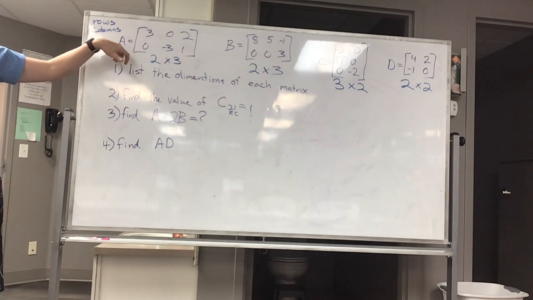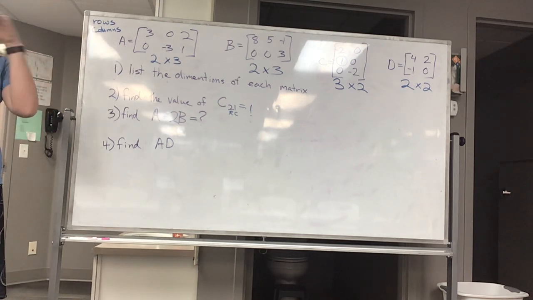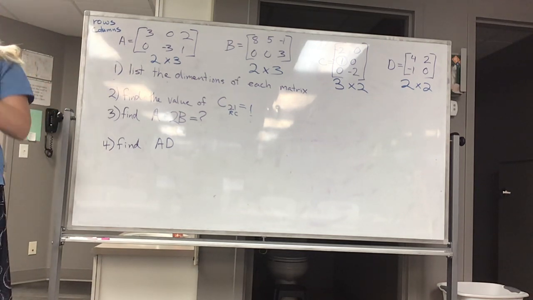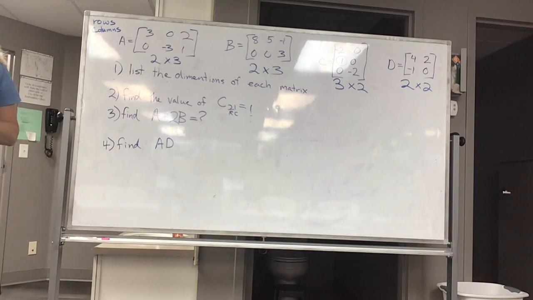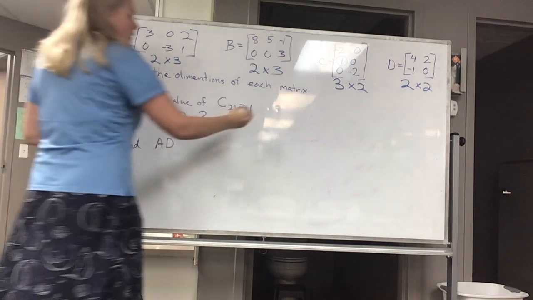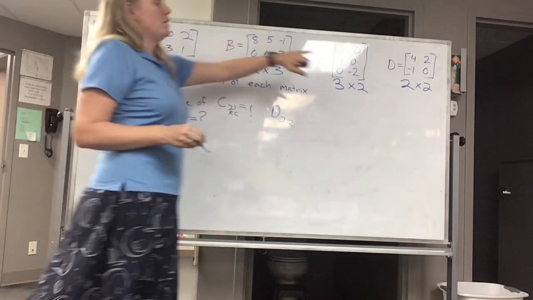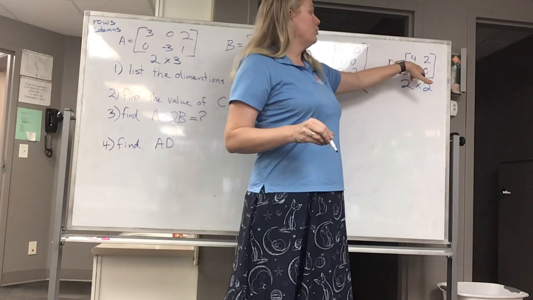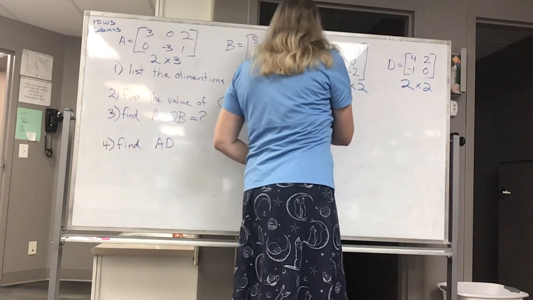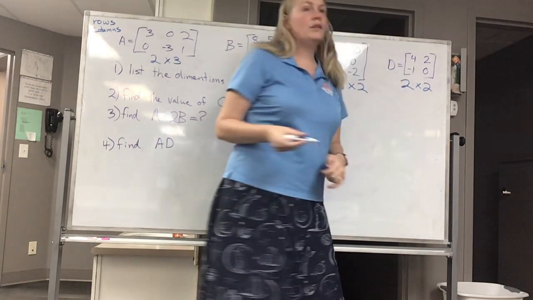They're labeled with uppercase letters, and then go to that row, that column, that piece of information. So for instance, D22, we go to matrix D, row 2, column 2, D22 equals 0.